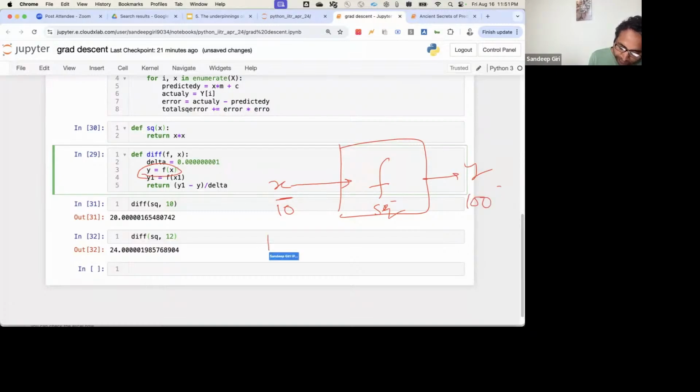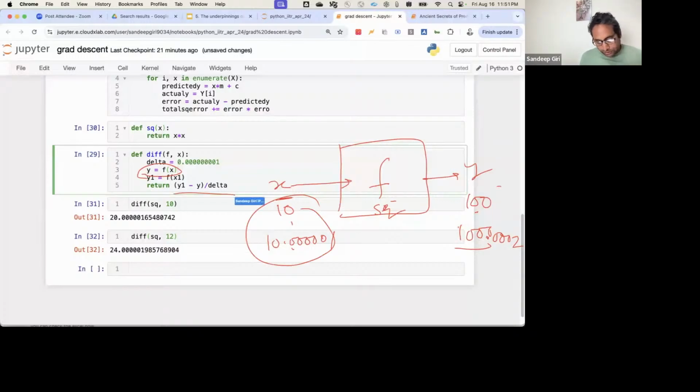Then we fed it 10.0000001, and it gave us 100.00002. Then we subtracted this from this, and we reported the ratio of the change.